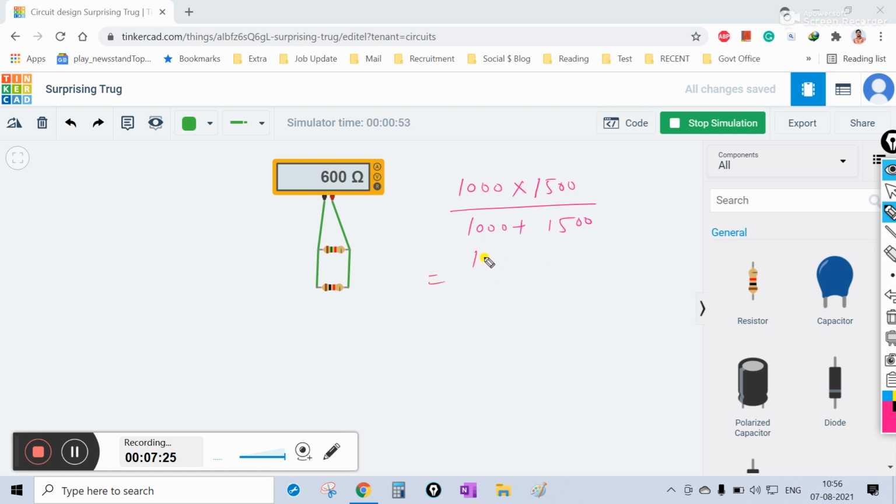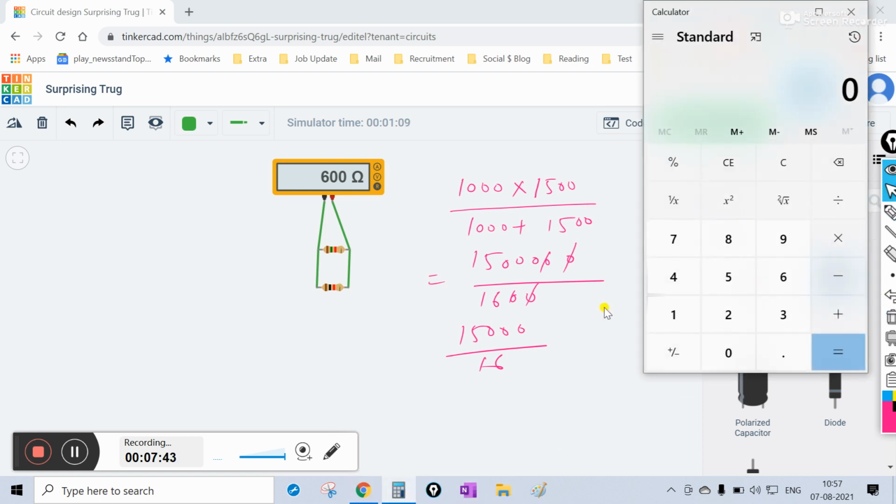What will happen? 1000 plus 1500, and I'll just use the calculator. 15,000 divided by 1600.